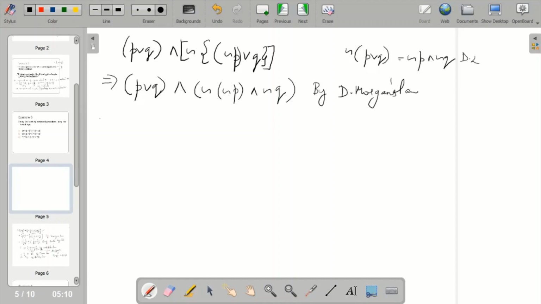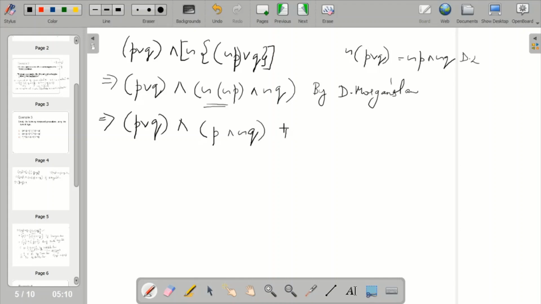Next, write as it is, P or Q, and then here, this can be solved again by P and negation of Q. How do I solve this section?